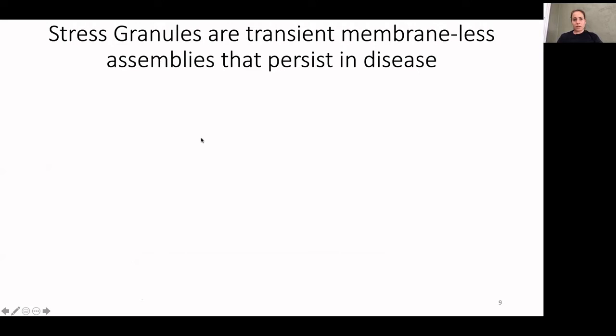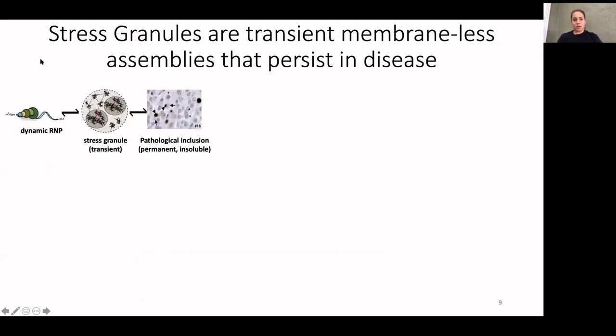And so the way that we and others have been modeling this process is by looking at stress granules, which are these things that normally occur in cells where you have an RNA with its translational machinery doing its thing in the cytoplasm.